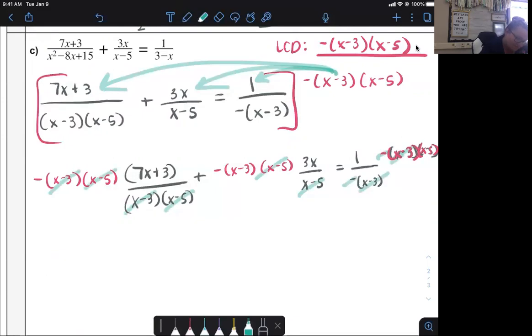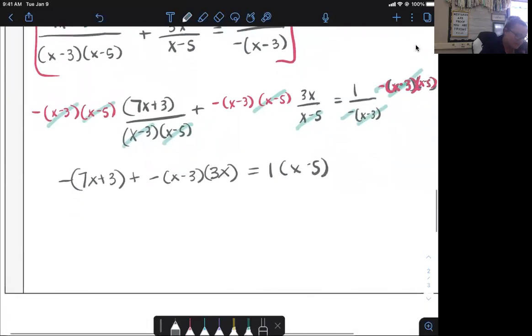Okay. So what we have left then is negative times 7x plus 3, plus negative and then x minus 3 times 3x, and then 1 times x minus 5. So we've got some multiplying we've got to do here. Negative 7x minus 3. We're going to distribute the negative and the 3x. And I'm going to do that at the same time.